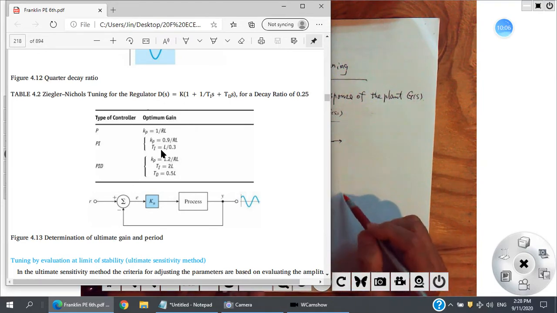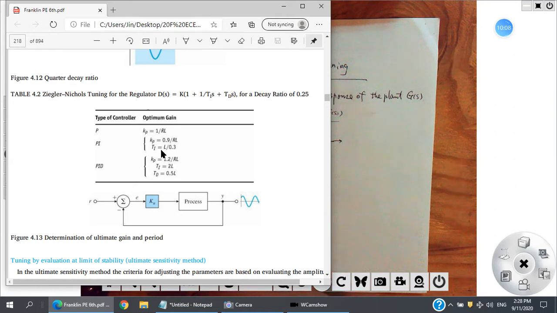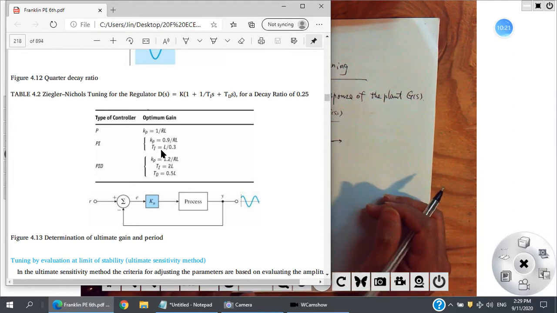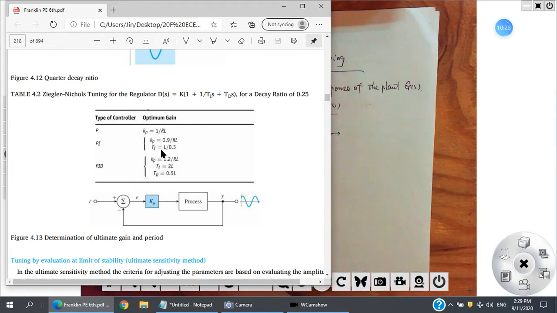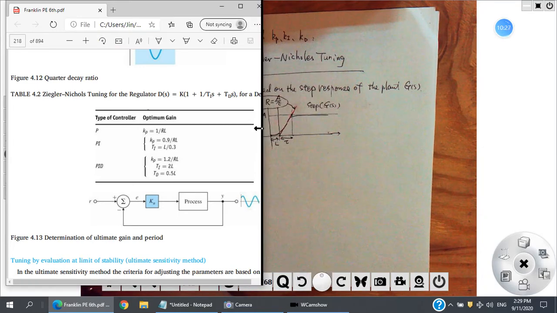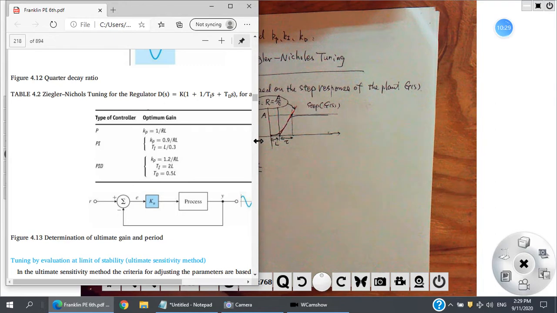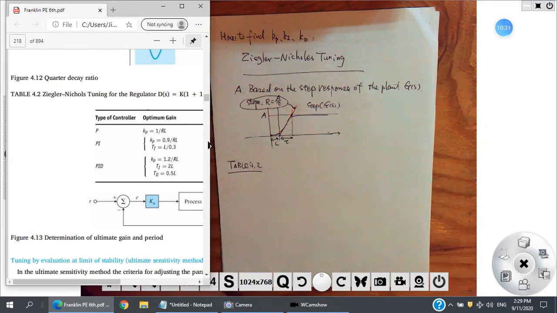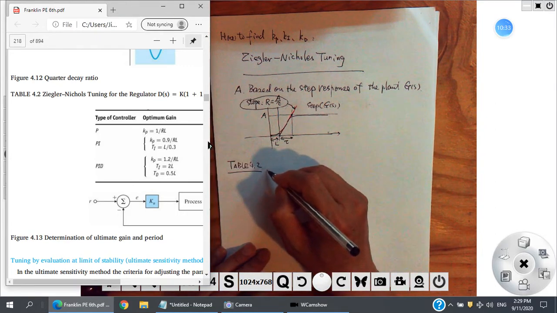We have three cases. This is a table, Table 4.2. Let me copy it here.